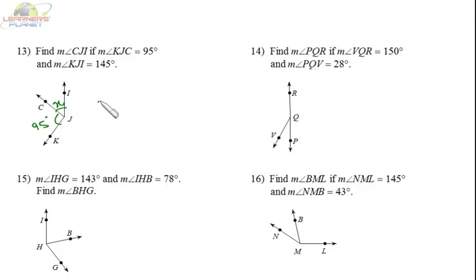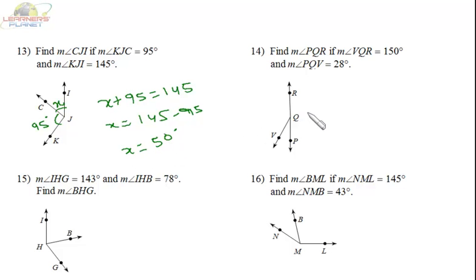So let's write the equation. X plus 95 is 145. So x is equal to 145 minus 95. It's 50 degrees. So x is 50 degrees.